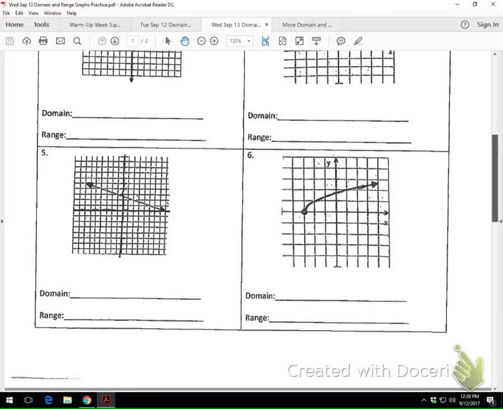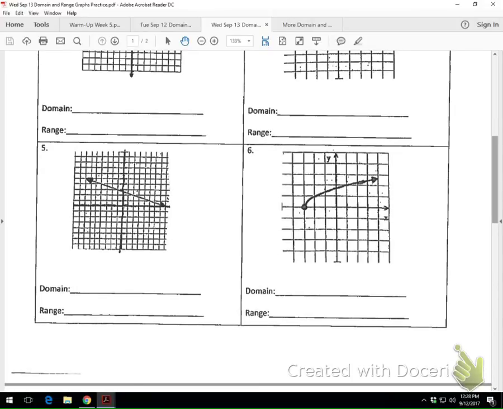Okay, now number 6. This one's a little different because I have a dot on one end and an arrow on the other end. Okay, if you have a dot on one end and an arrow on the other end, both answers are going to look like this. X and Y. Now if the arrow is going up, it's greater than or equal to on both of them. Okay, so we figure out on our X number right here, where does it fall on the x-axis?